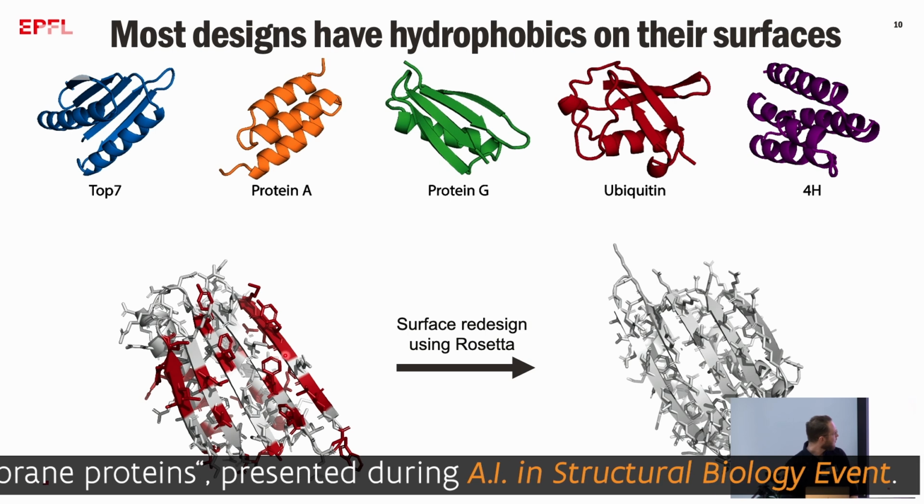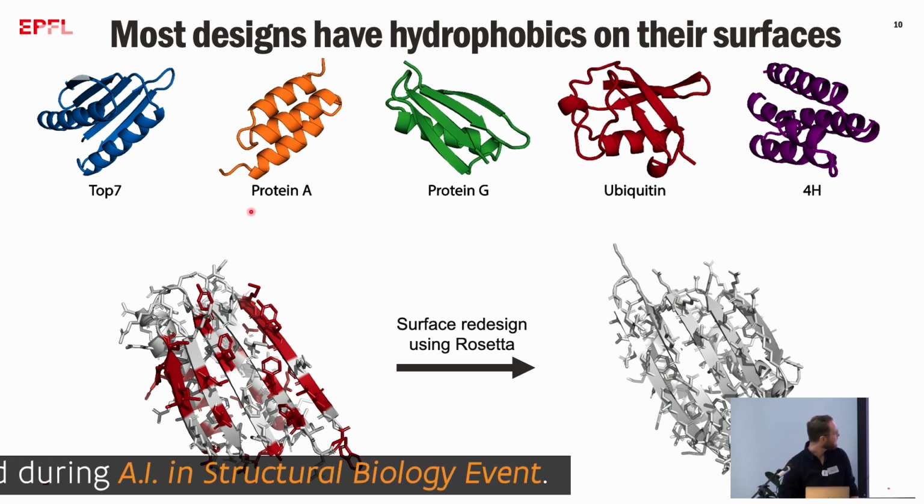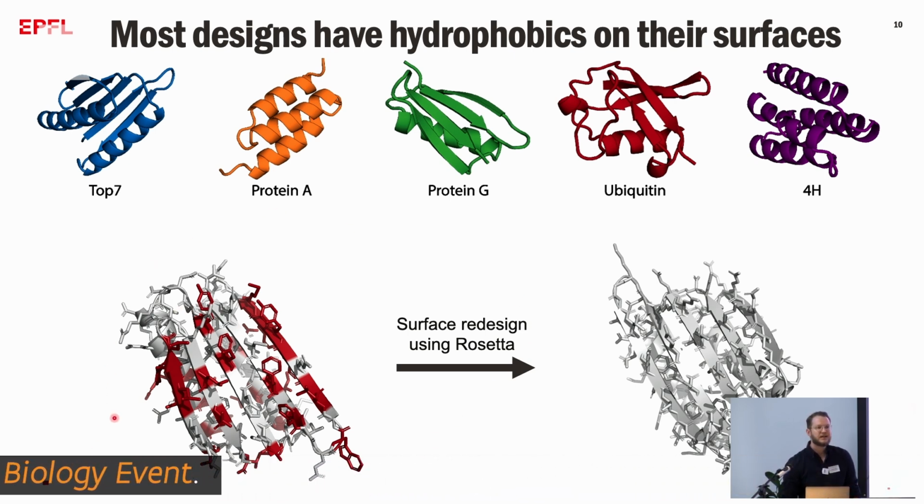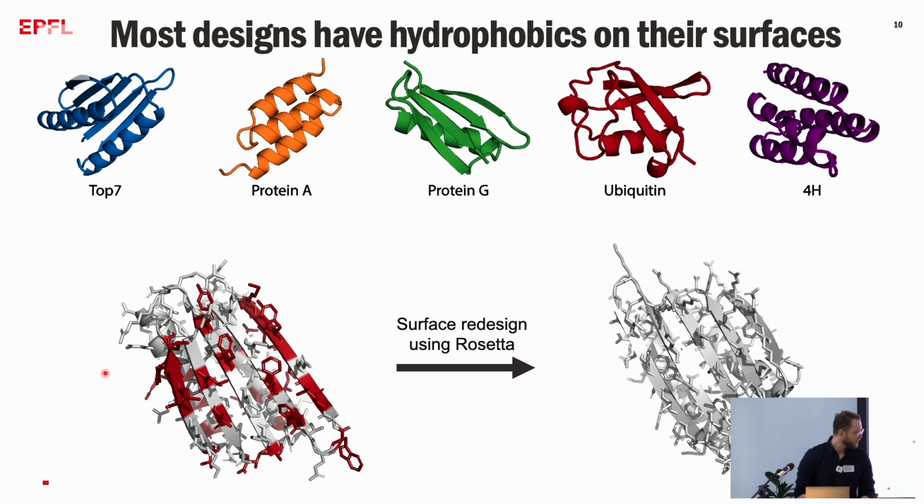They more or less all looked like the protein I'm showing here, where we colored the hydrophobic residues in red. From the protein folding 101 slide I just showed, you would expect hydrophobics in the core, which there are, but here there are a lot of hydrophobics on the surface. So this doesn't make sense at all. None of these proteins designed by AlphaFold worked, even though they had great pLDDT scores and AlphaFold would think they were folded.